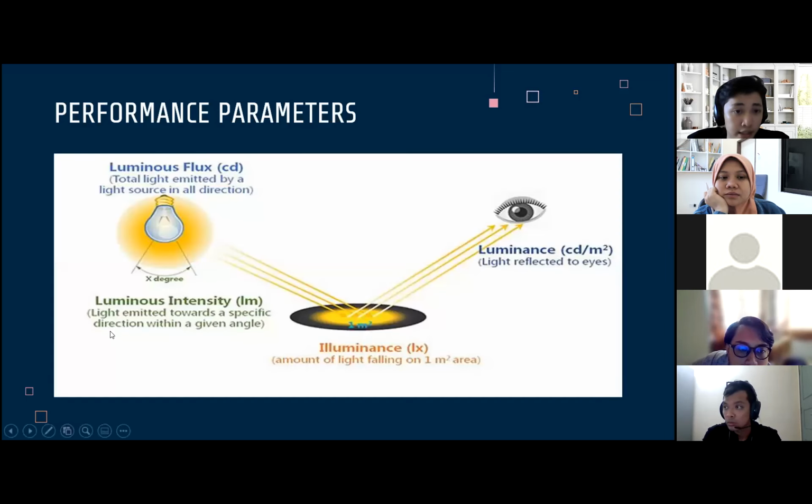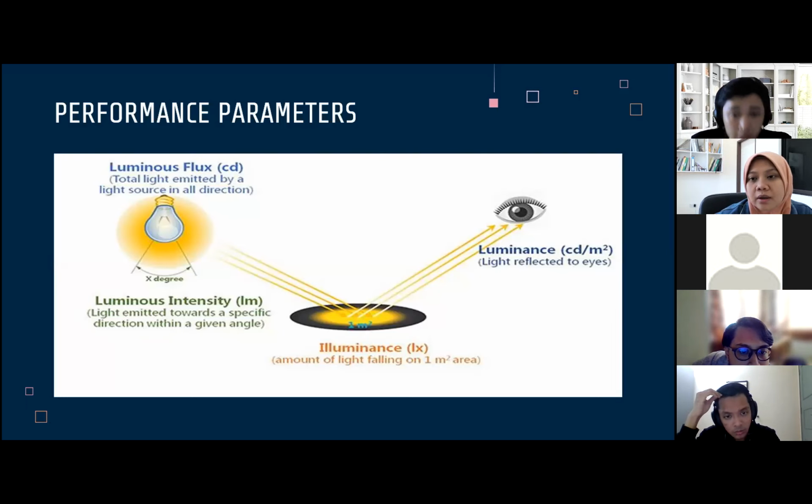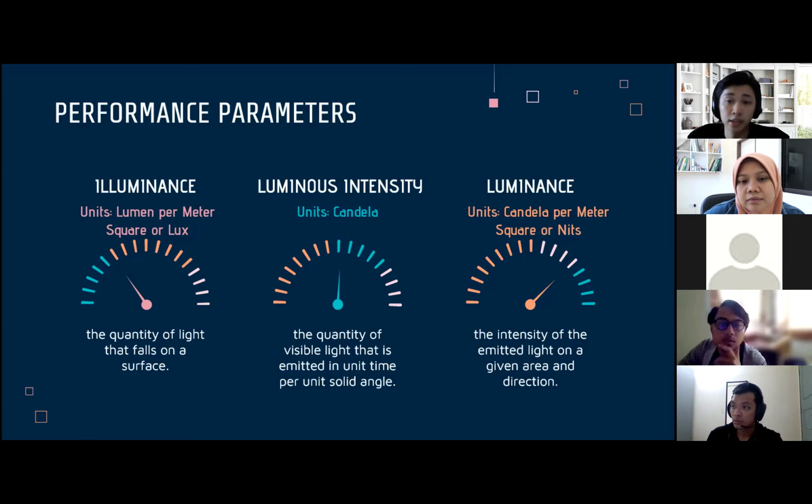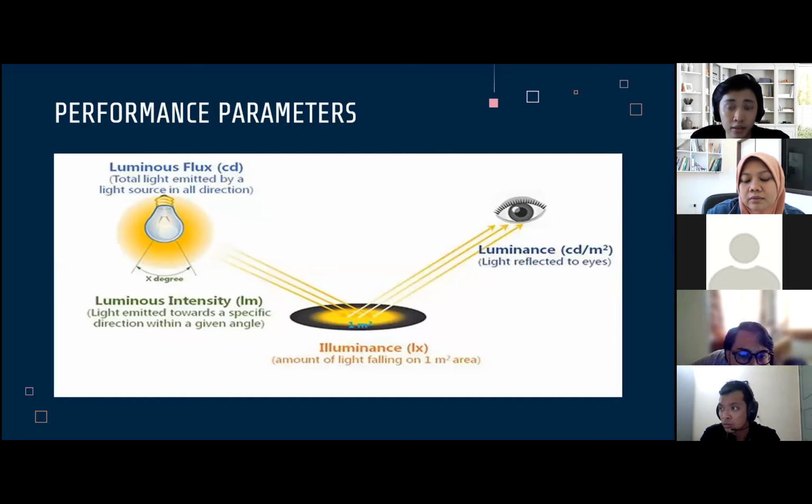That is luminous intensity, the light emitted toward a specific direction within a given angle. Next is luminance. Luminance is the intensity of the emitted light on a given area and direction. This is the luminance, light reflected to the eye.